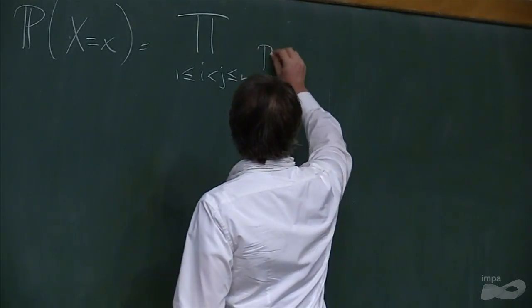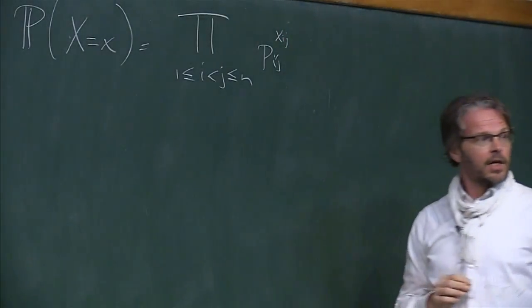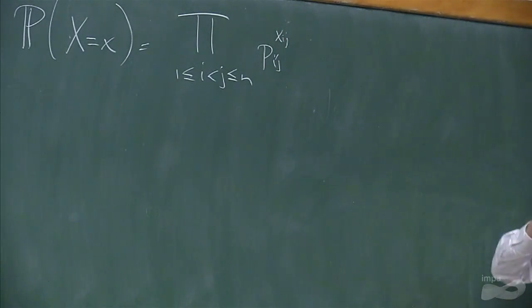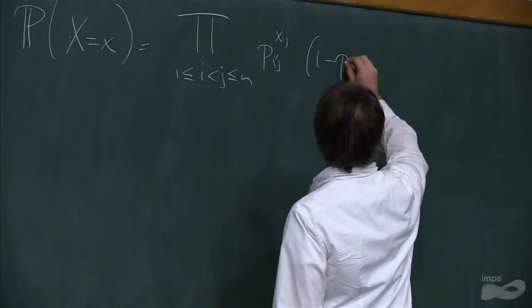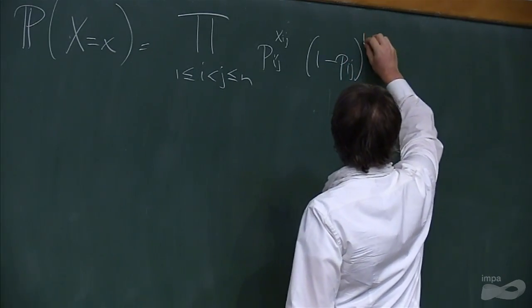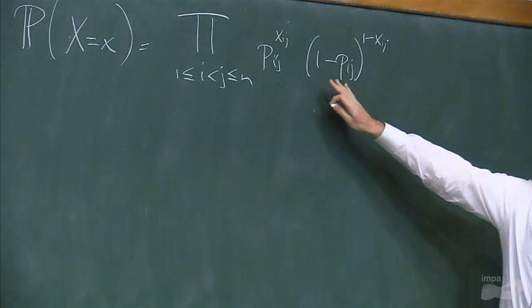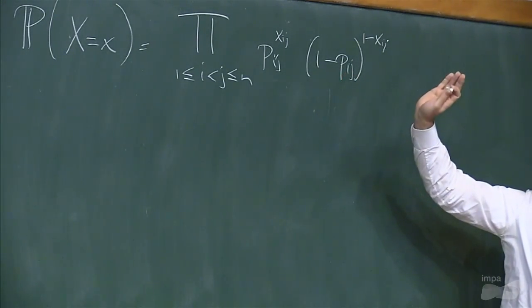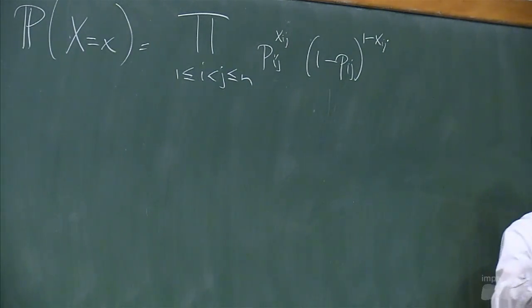So a complicated way of writing this is p_ij to the power x_ij. That will actually be p_ij when x_ij is 1 and 1 otherwise. And then in a similar way I can write 1 minus p_ij to the power 1 minus x_ij. So this is just the same thing as p_ij when x_ij is 1, and it's 1 minus p_ij when x_ij is equal to 0, and that's precisely what it should be.